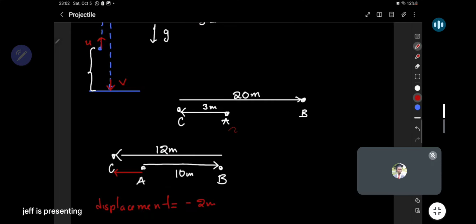Again, your displacement is just the distance from your starting position to your ending position. You started from A, you ended at B. So how do you find the gap from A to B? Since you started from here all the way up to B, it's 20. It's easy for us to predict that this small part here must be 3, so you ended up 17 meters from A. So the displacement from A to B is actually just 17 meters. Do you follow now?